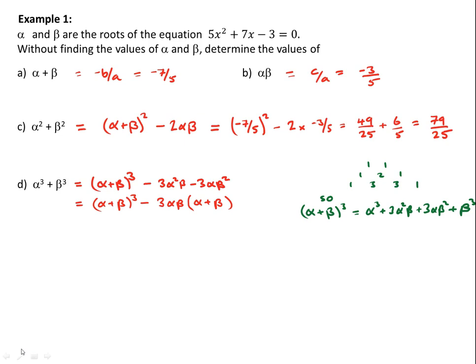Now we know the value of alpha plus beta is minus 7/5, and we also know the value of alpha beta is minus 3/5. So alpha cubed plus beta cubed is the same thing as minus 7/5 cubed minus 3 times by minus 3/5 times by minus 7/5.